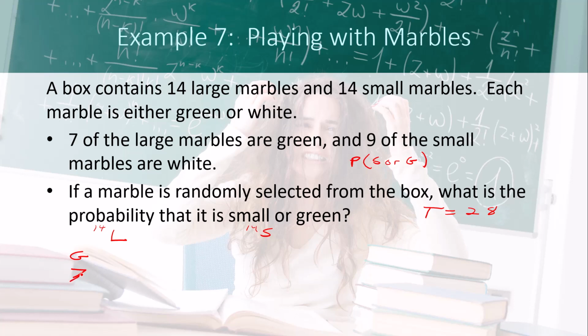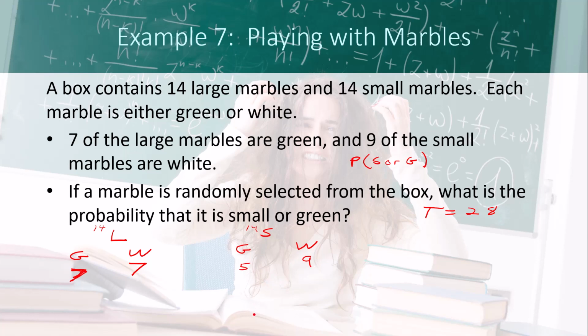That's supposed to be a 7, by the way. If that's the case, then the other 7 have to be white. Now for the small marbles, we know that 9 of them are white. Therefore, the other 5 have to be green. 9 plus 5 is 14.